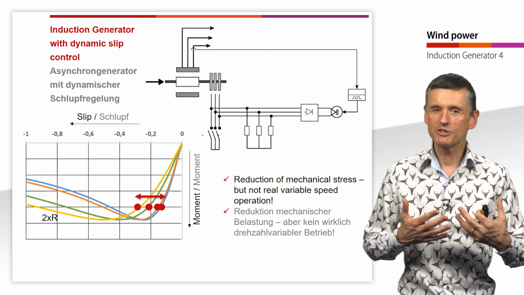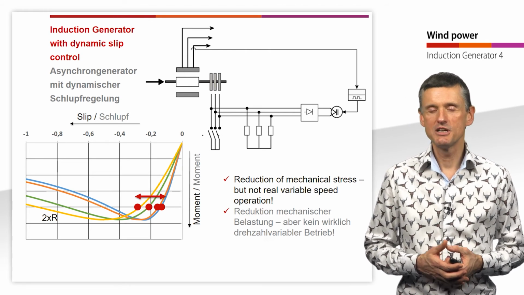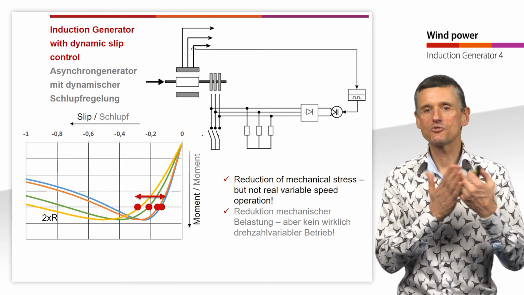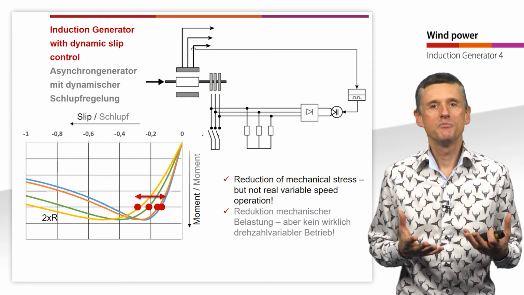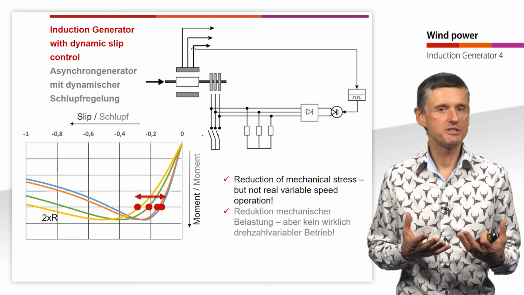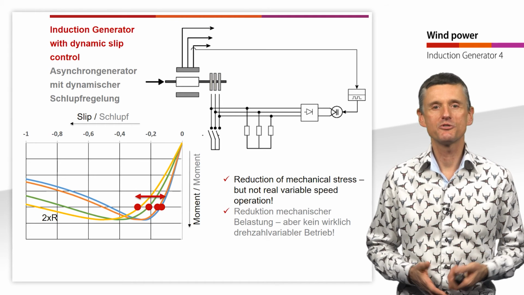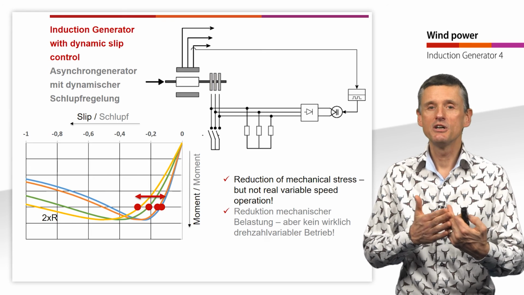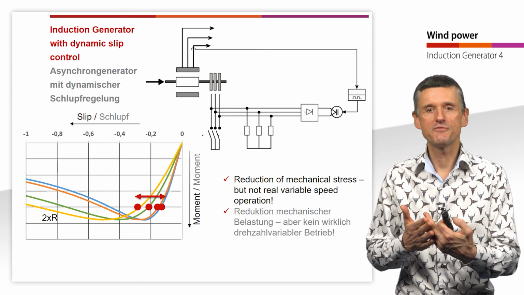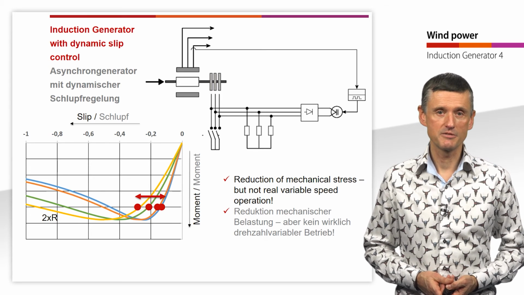That is a problem for the lifetime of wind turbines because it's a lot of mechanical stress to the complete turbine. By influencing the rotor resistance with this variable speed control, we can react on that, and by that improve and prolong the lifetime of wind turbines.